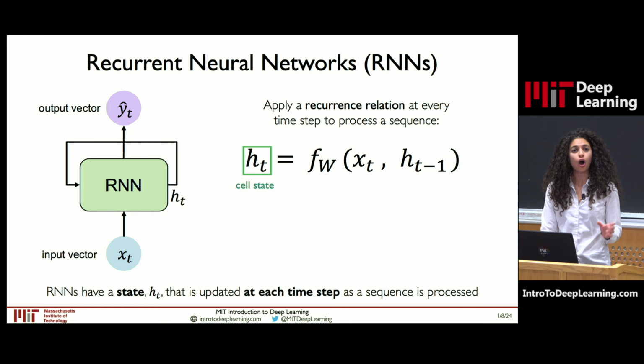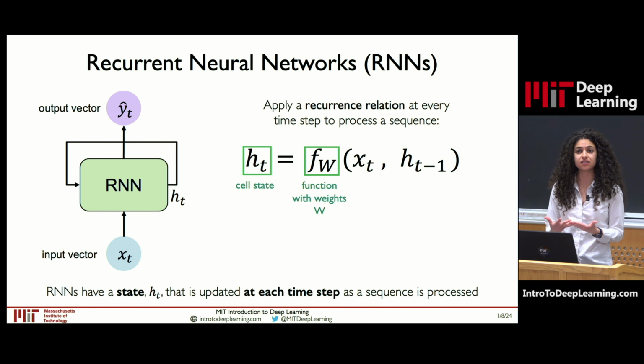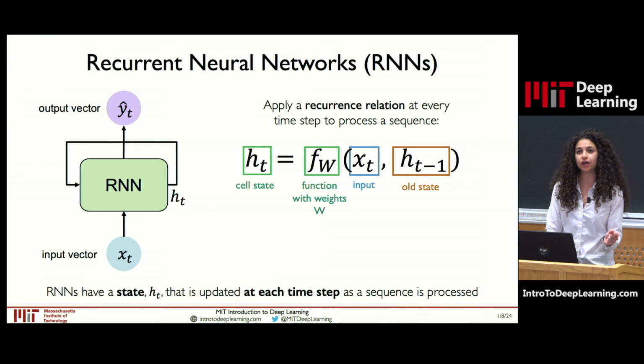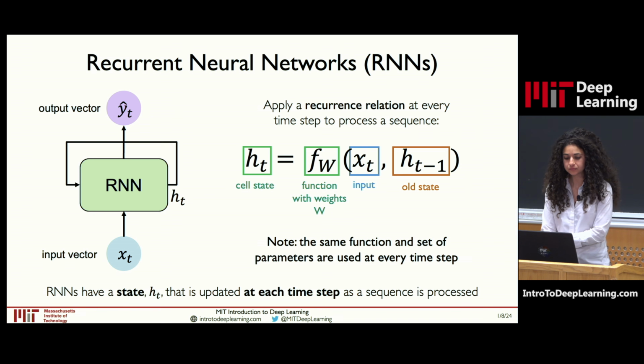We have this cell state variable, h of t, and we're learning a set of weights, w, that is a function of both the input at a particular time step and the information passed on from the prior time step in this variable h of t.